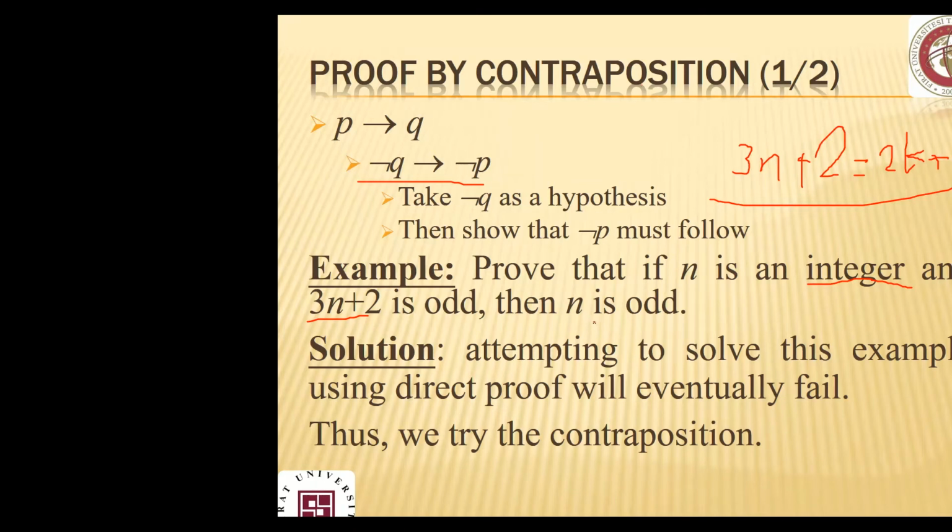N is even. How is n even defined? 2k. We assume an integer value k, arbitrary, random. So n equals 2k. Substitute: 3 times 2k plus 2. Now 3 times 2k is 6k, plus 2, take 2 common: 2 times (3k plus 1).